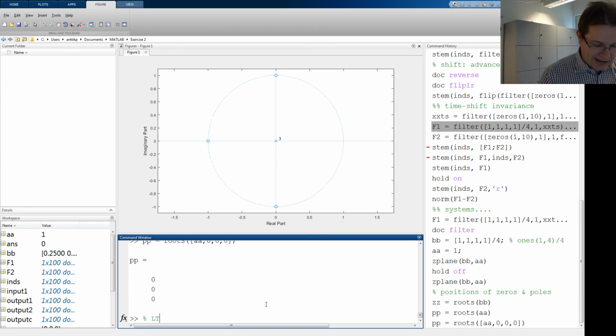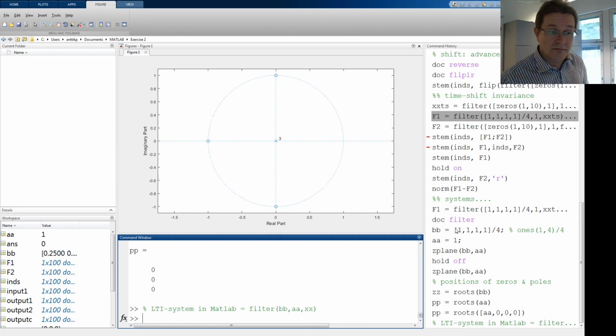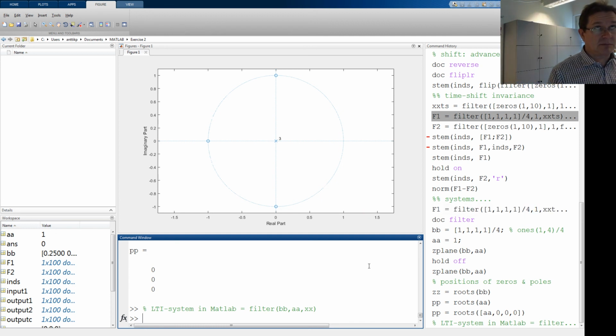If you have an LTI system, that's filter BB AA XX, and we have already tried that one. But now we have A and B, so let's see.